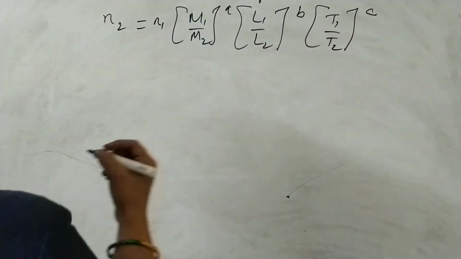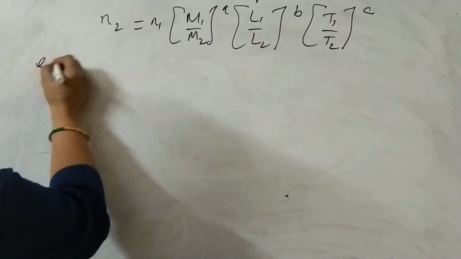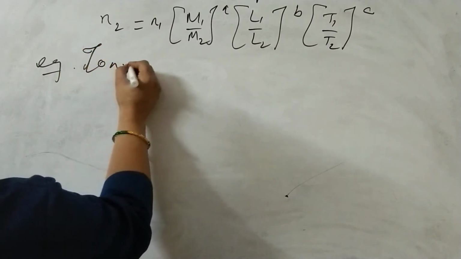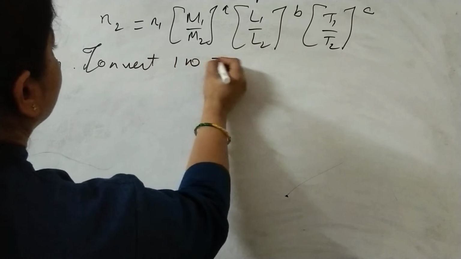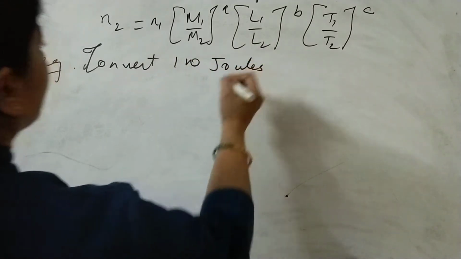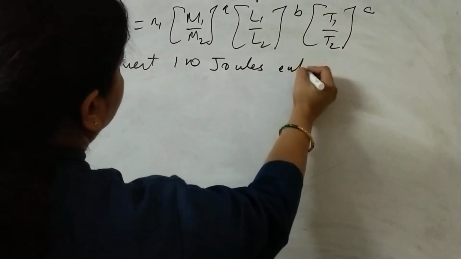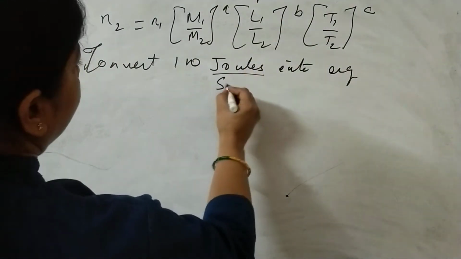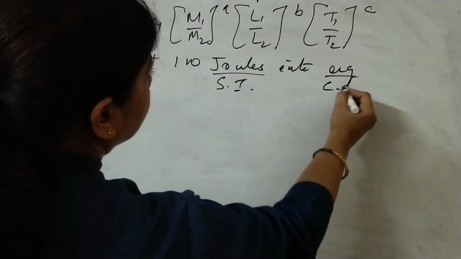Now let us take an example: we have to convert 100 joules into erg. We are having two systems. Joule is the SI unit and erg is the CGS unit.